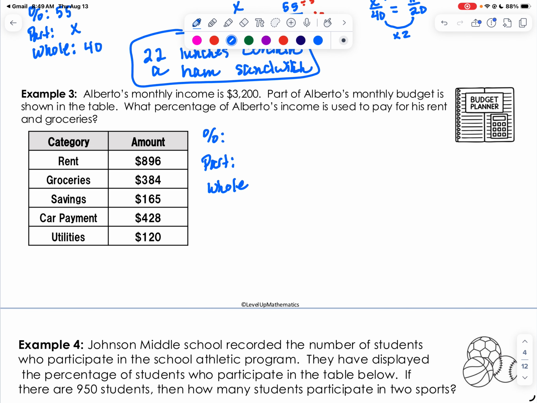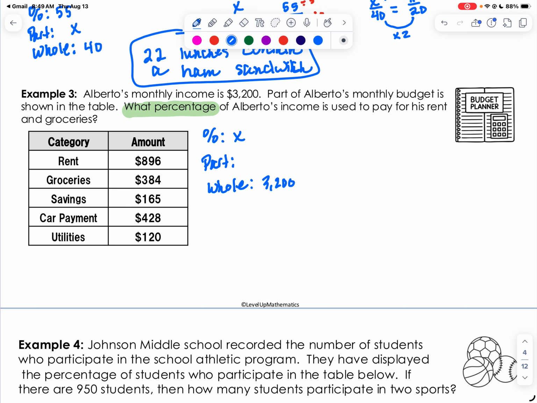Now, this question clearly asked what percentage. So in this problem, that's our unknown, so I'll call it X. All right. I also know the whole because the first sentence of the question said his total monthly income is $3,200.